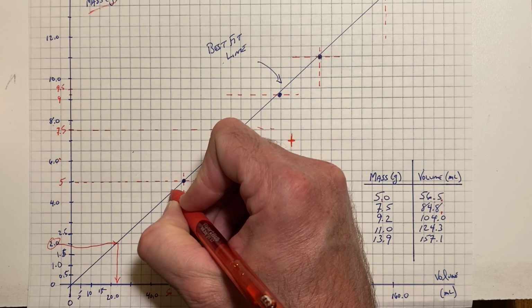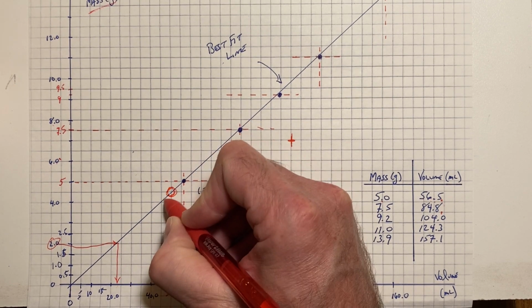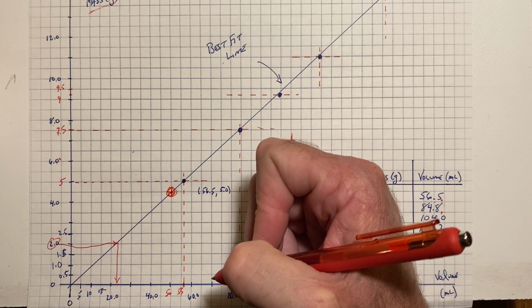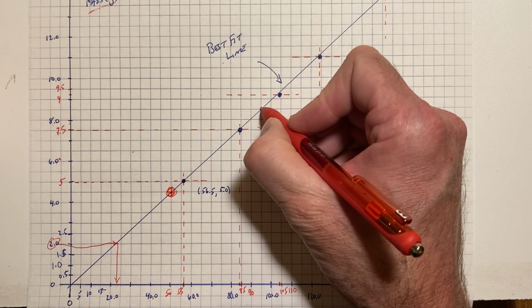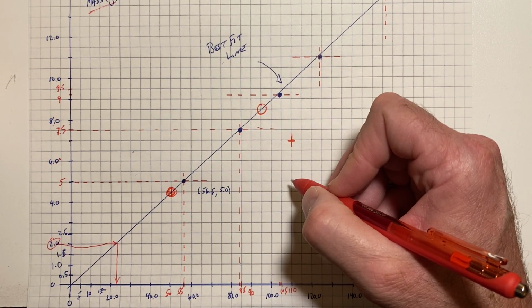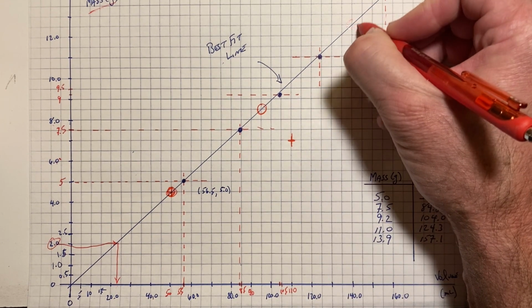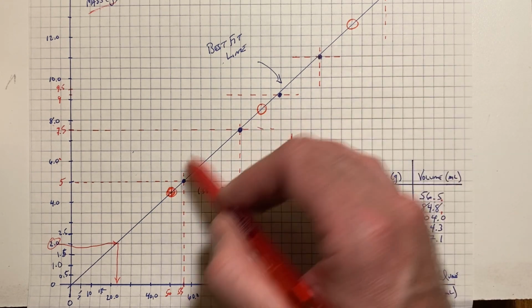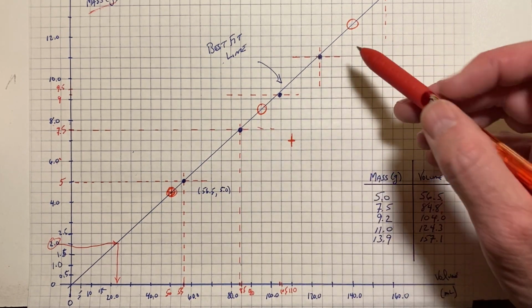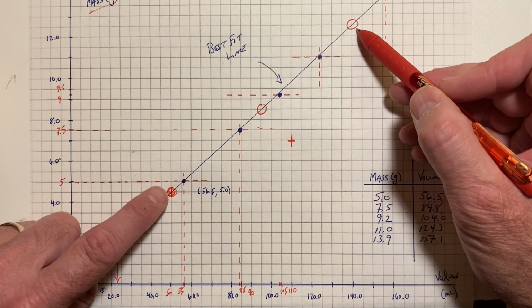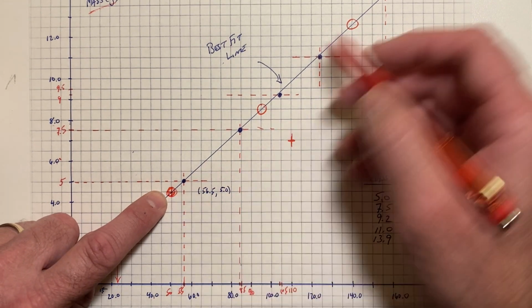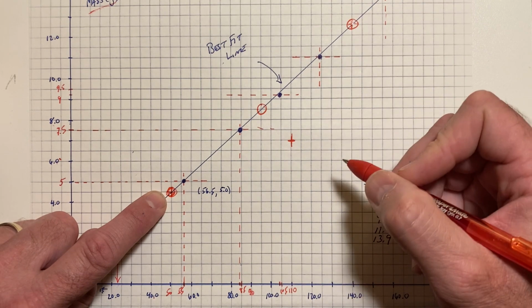And if you look right here, the best fit line goes right through that cross section right there. And that happens again here, and it happens again here. So it actually doesn't matter which of these points we use, but the farther apart they are, the more accurate your answer will be.